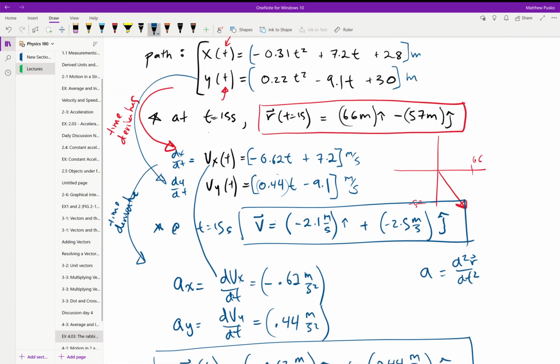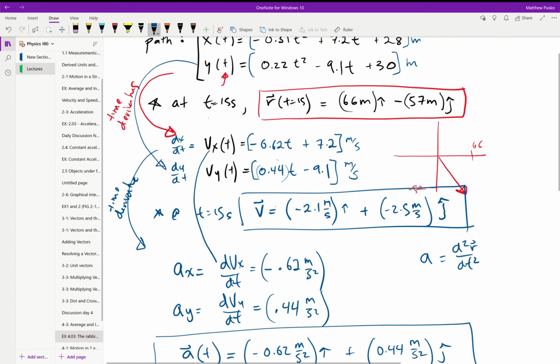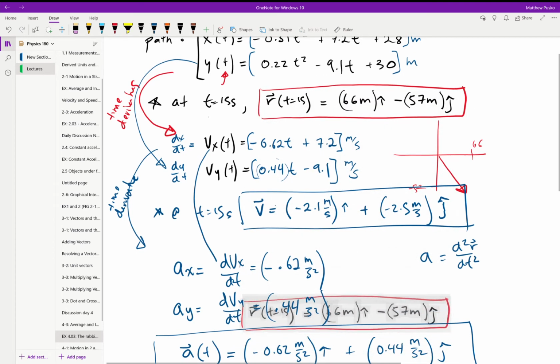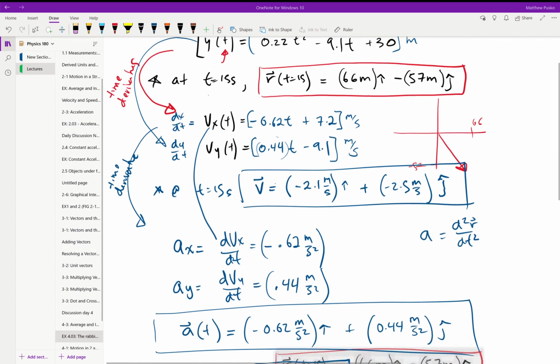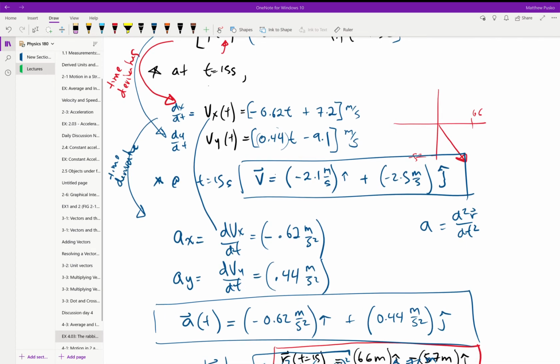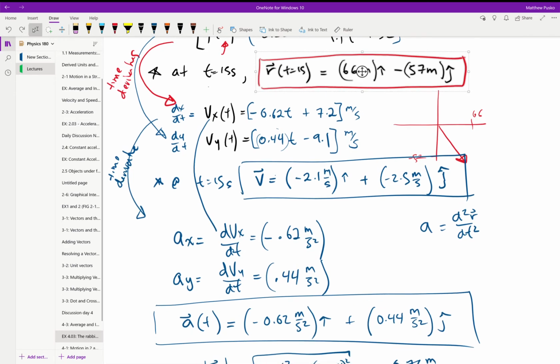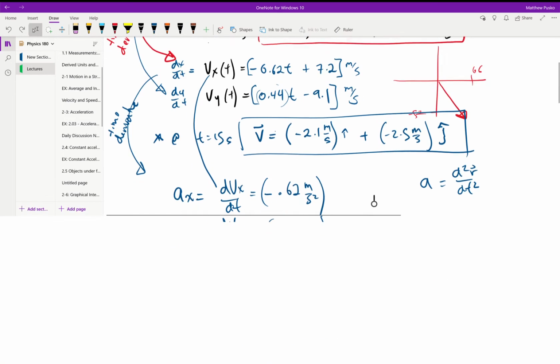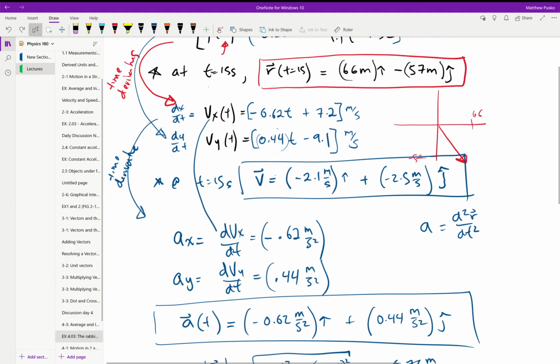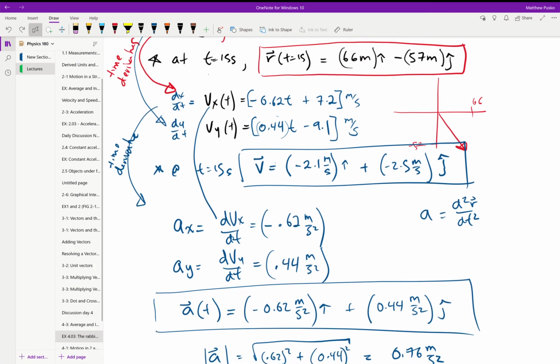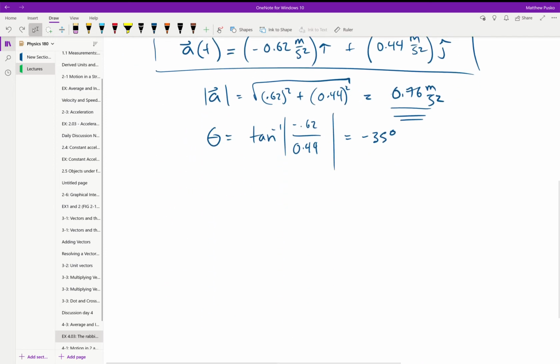Let me see if I can do something clever. That didn't work. Alright, we'll just rewrite it. So the position's at 66, negative 57. That's what I was looking for.